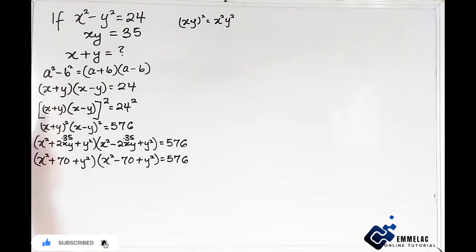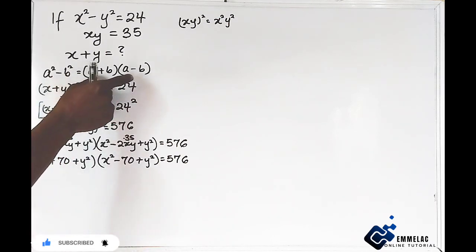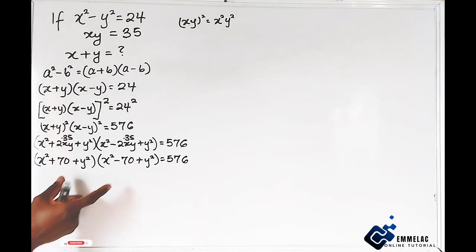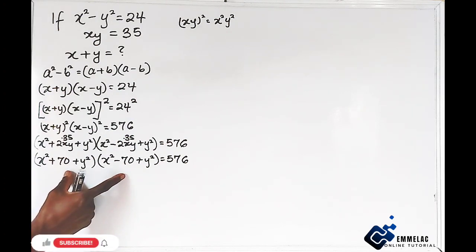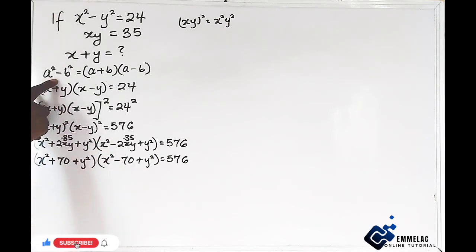Okay, at this point we can equate this expression. Take note that this gives us this, and if you look at this expression also, we can liken it to become this again.